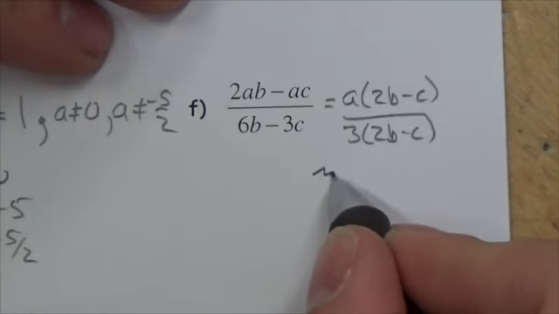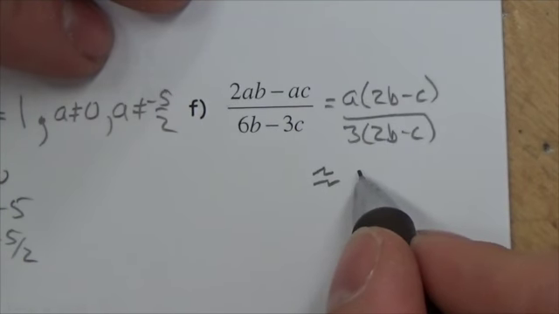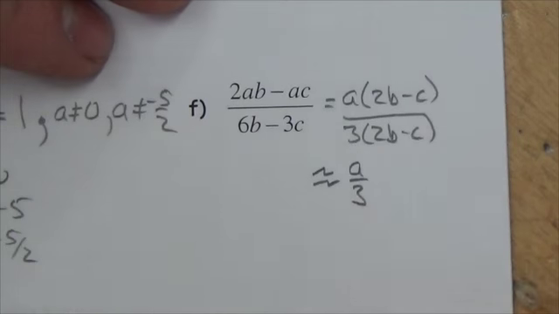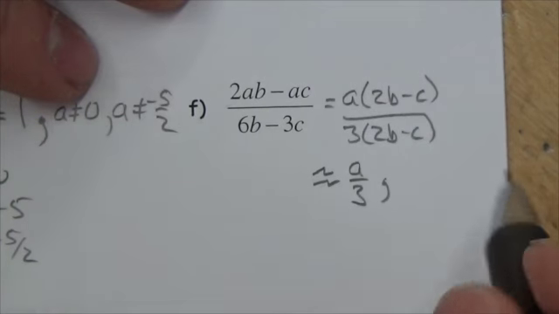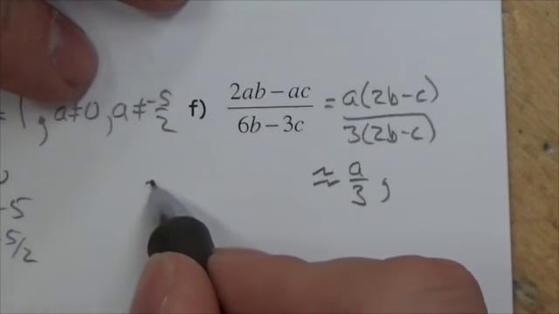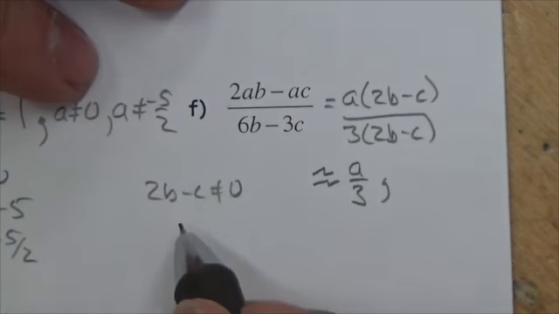However, this will be equivalent to, I can cancel the 2b minus c. This will be equivalent to a over 3. Not exactly the same, but equivalent. As soon as I state what the restriction is, and the restriction is over here that 2b minus c can't equal 0. Bring the c over.